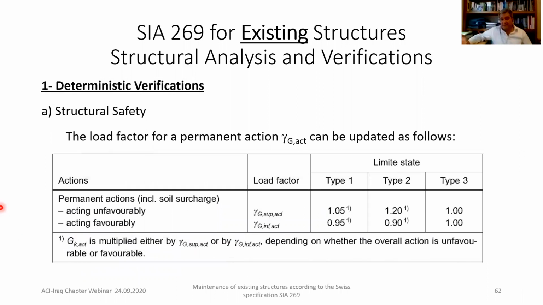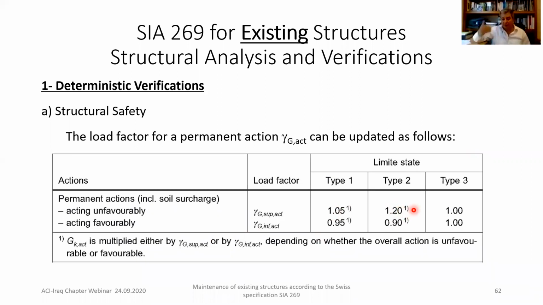For the factors of safety, we have just a small modification. We can use the same 1.5 only for the live load. For the dead load, we reduce it to 1.2, not 1.35. Why are we doing that?